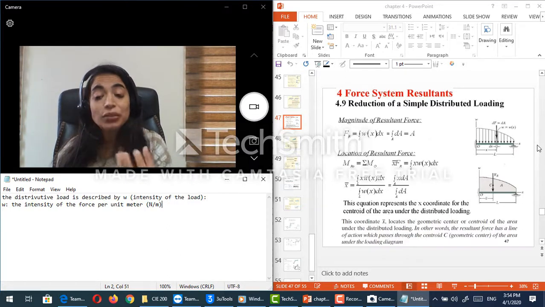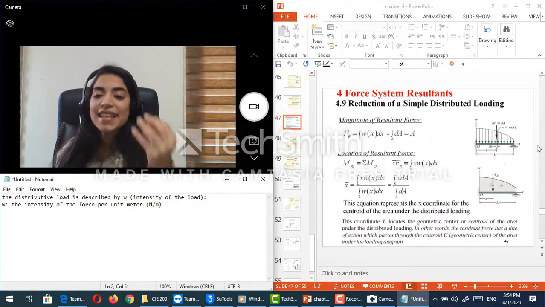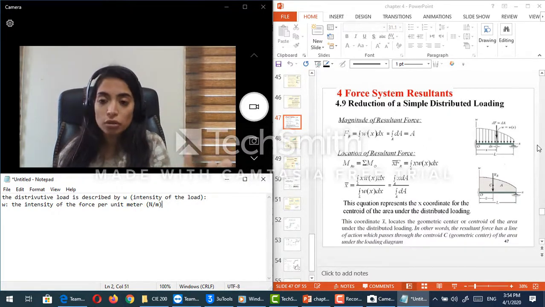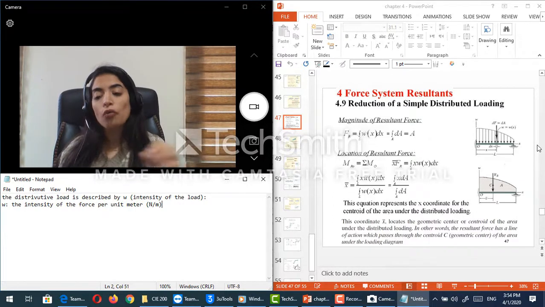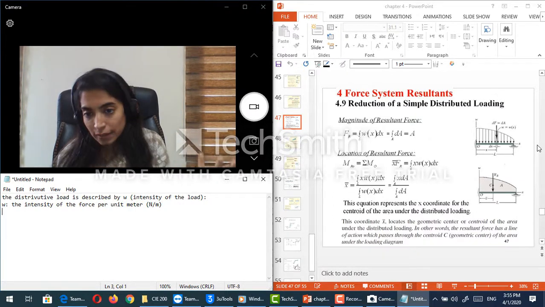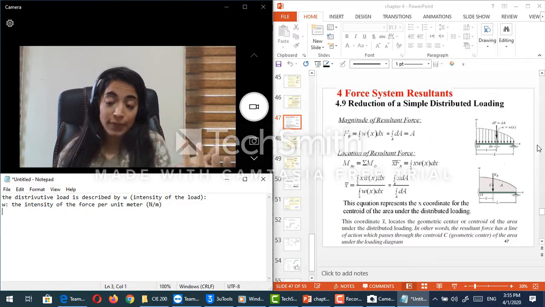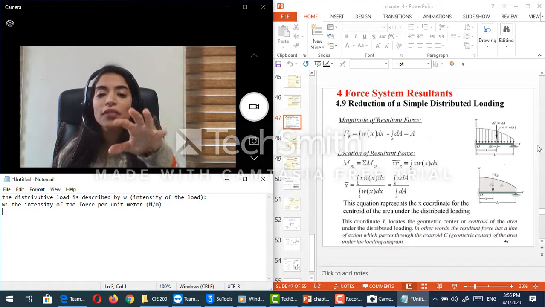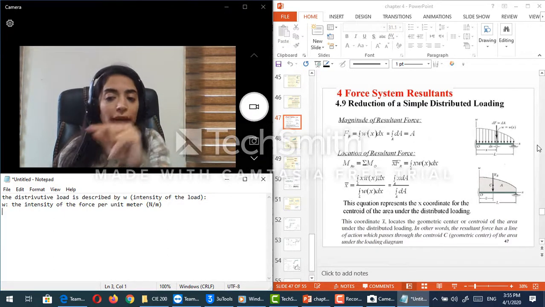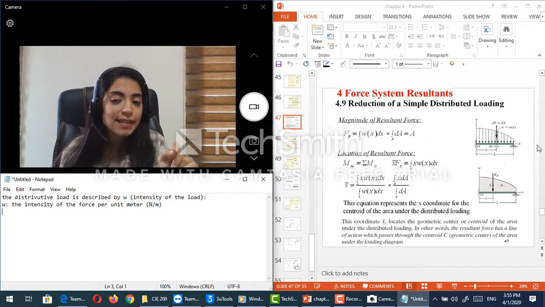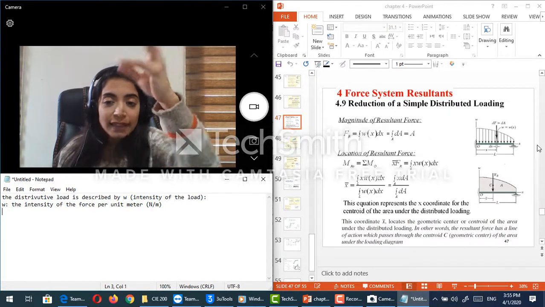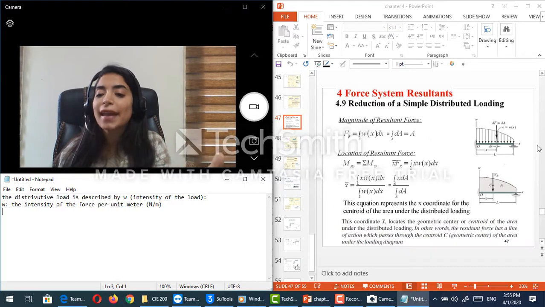Now, how to find the equivalent force of this distributive load over my beam? I know basically that the integration of this omega dx, where omega is in Newton per meter and dx is in meter, is nothing but the equivalent force.